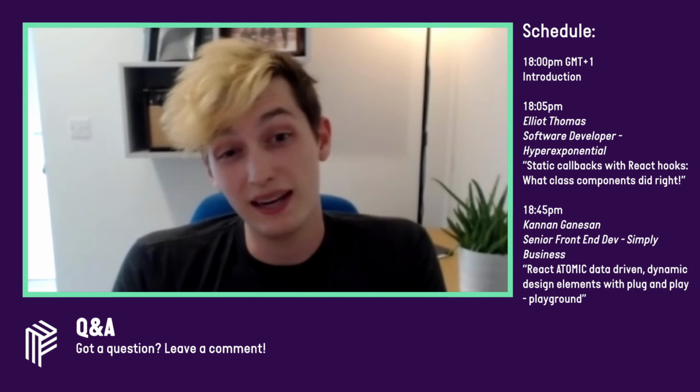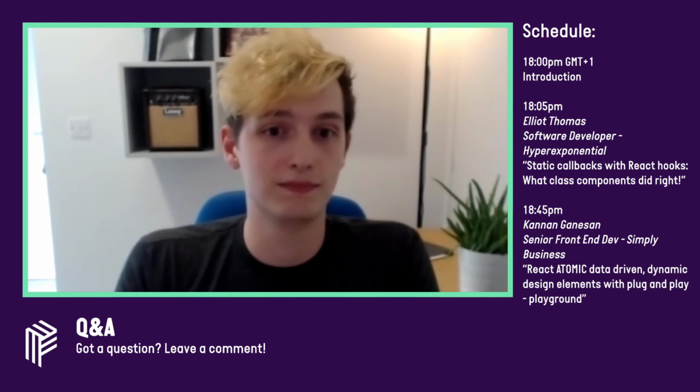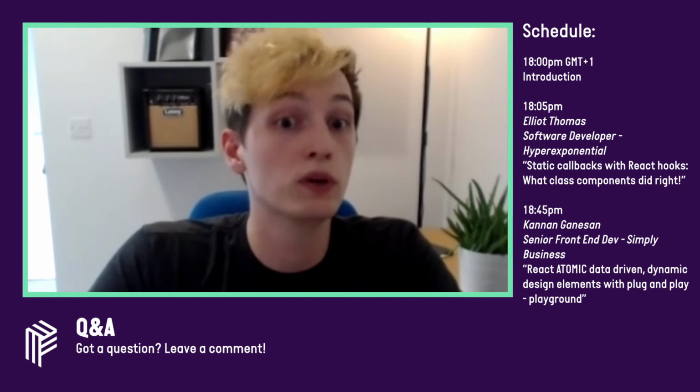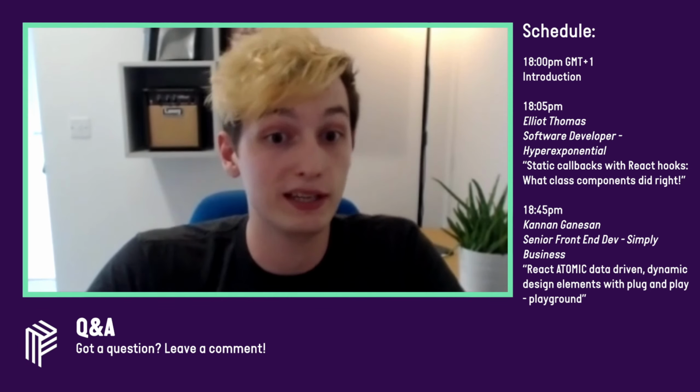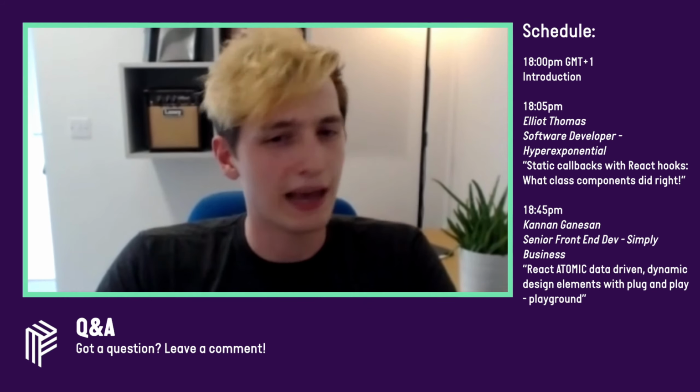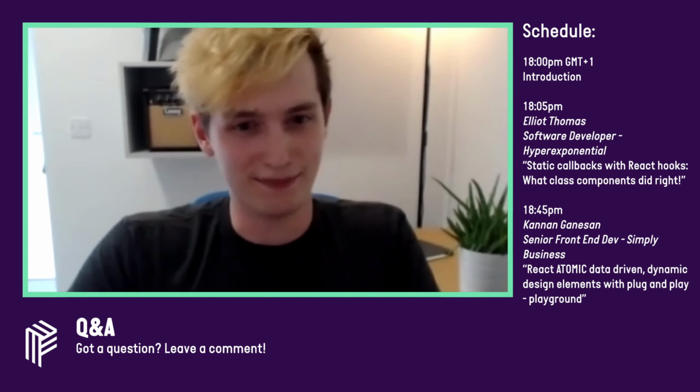There are reasons why you might have that pattern. I wouldn't think that it's necessarily a good pattern to have, but in that case, you wouldn't want a static callback, because if you did update the functionality of the component, you wouldn't necessarily know to recall it, especially if you memoized it within the child component. So yeah, that would be a very weird pattern. I don't use that sort of pattern, but that was one that I came up with.